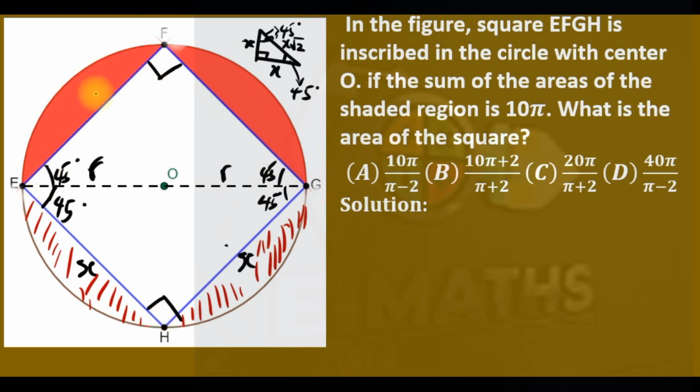Because they are all equal, finding the area of the four shaded regions is the same as subtracting the area of the square from the circle.